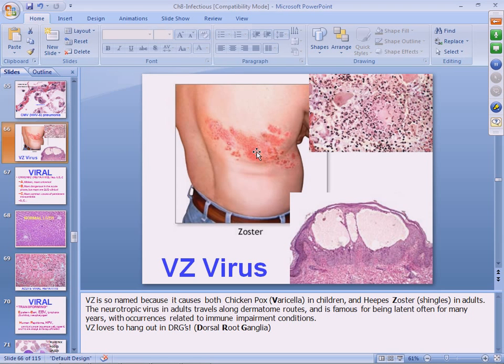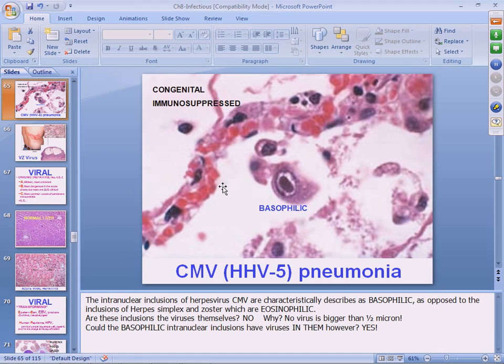inclusions. Now, I'll give you a really nice tip, and you could remember it because it will help you differentiate the different viruses. In CMV, or HHV5, the intranuclear inclusion is basophilic.